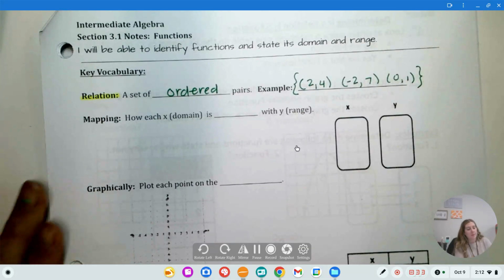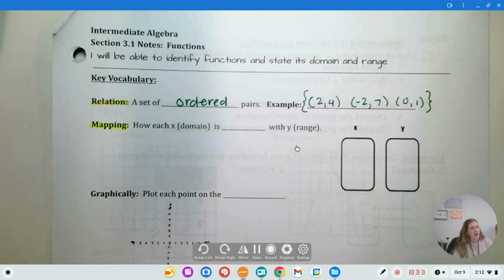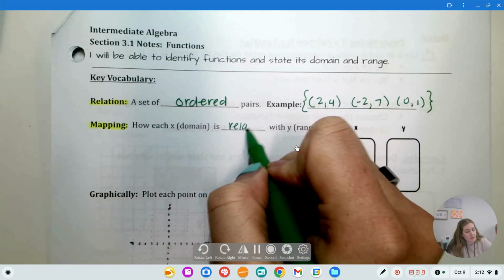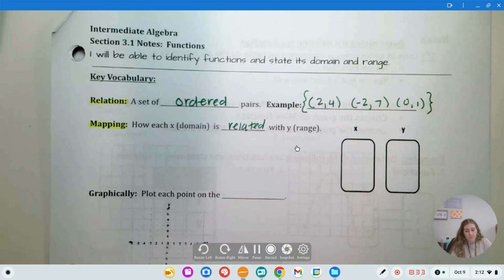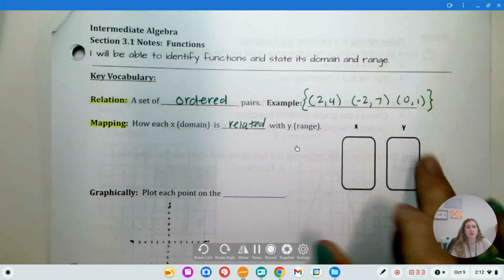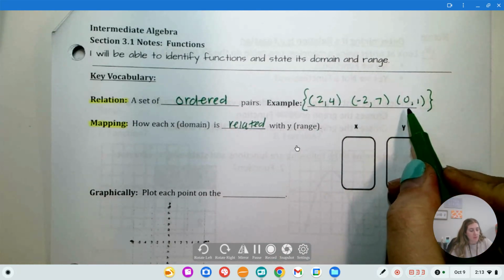Second word is a map. Now this is a math map, not a history map. How each x value is related with each y value. So here's our picture of our map. So I'm going to list all of my x's from up here.